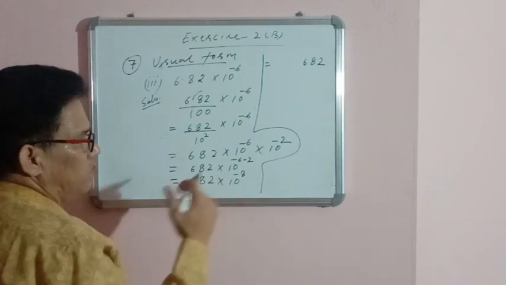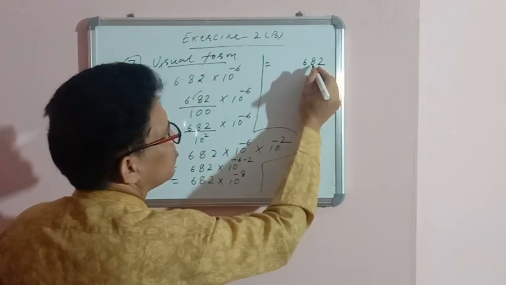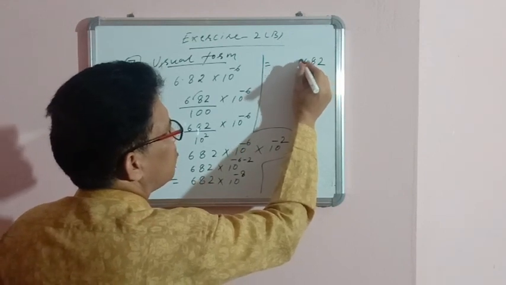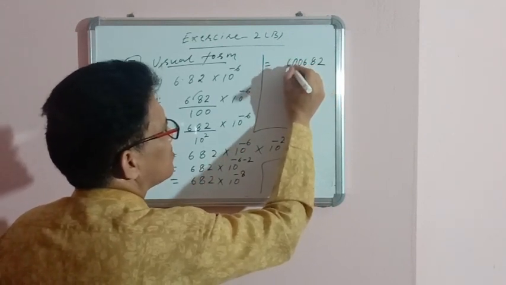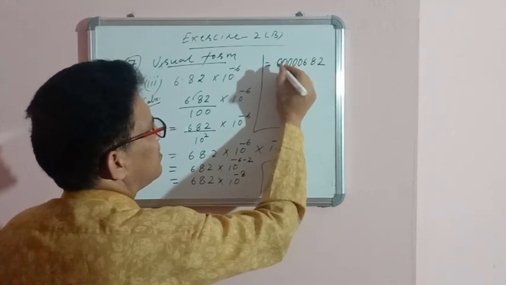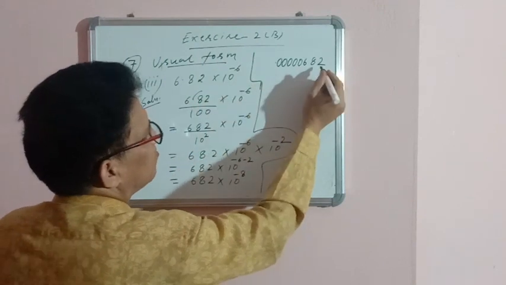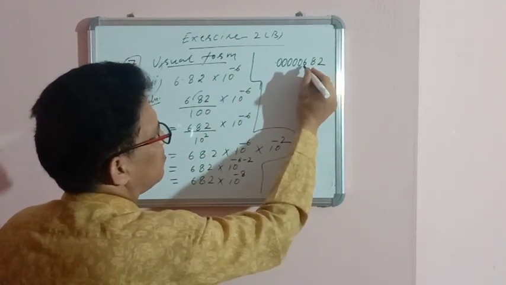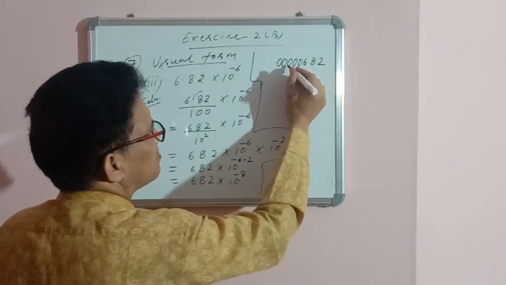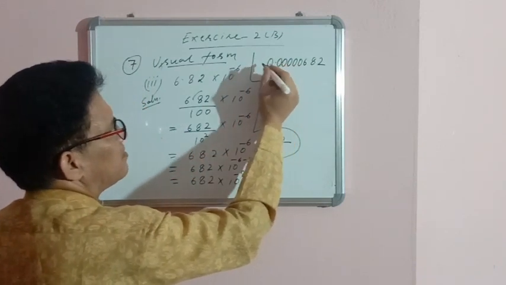We will start counting 8 places to the left: 1, 2, 3, 4, 5, 6, 7, 8. Then the decimal sign will be there, then 0 in the place here.